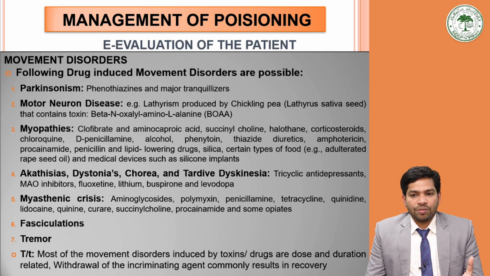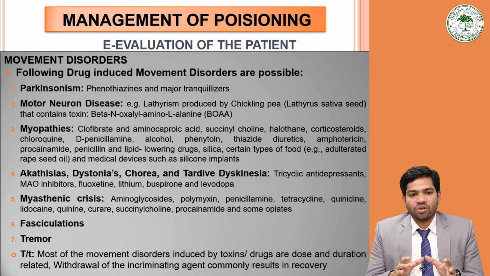Tremor may also be produced by different types of drugs, and depending upon the type of tremor, different causes are there. The different tremors may be resting tremor, postural tremor, kinetic tremor, choreoid tremor, and dystonic tremor.